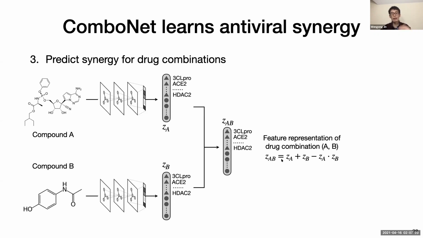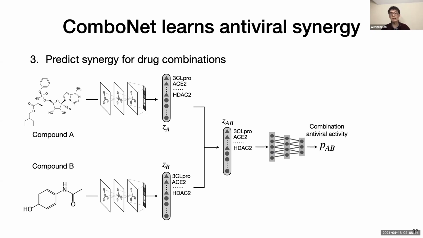And this sort of mimics the set inclusion-exclusion principle that's motivated by this Bliss synergy score. So based on this single vector representation of the drug combination, I can then predict the combination antiviral activity. And this is a single numerical score.